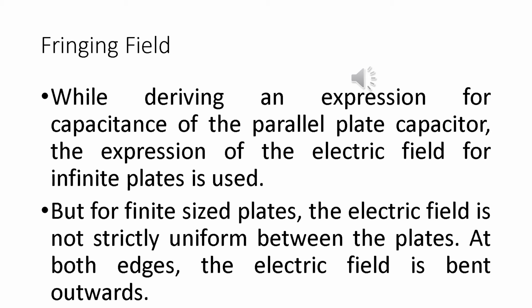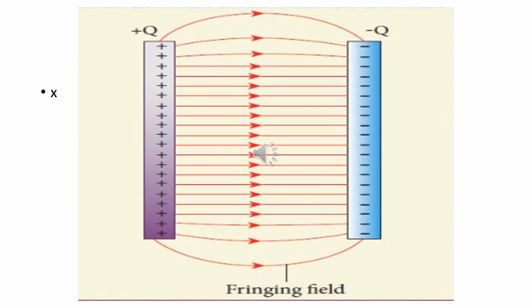Hindi electric field ang ginagamit, but fringing field na nag-occur. So the fringing field is this, yung pag-curve ng electric field outwards. Yang nakikita nyo sa dalawang magkabilang dulo, nag-curve yung electric field. And ang tawag dyan is fringing field.